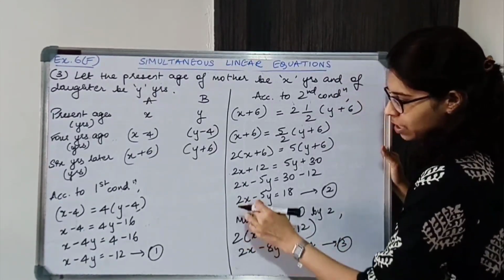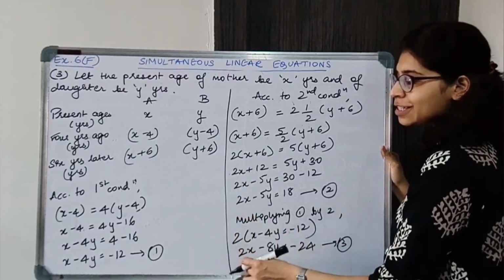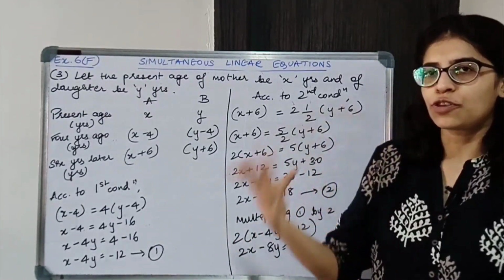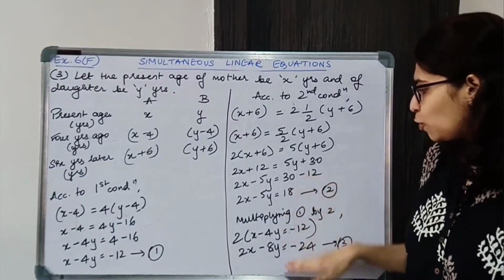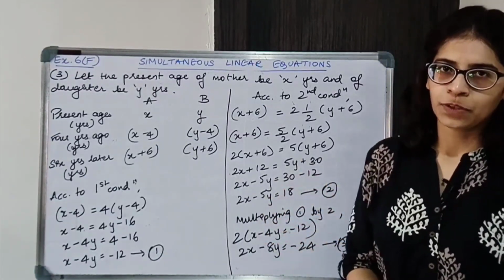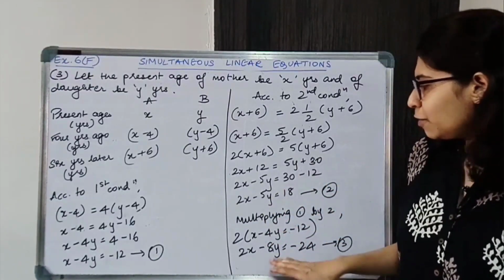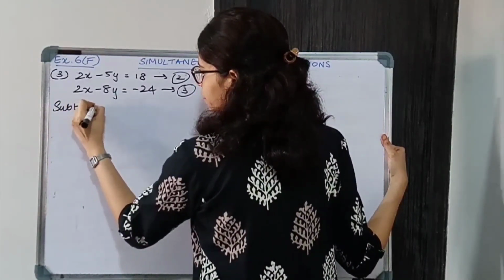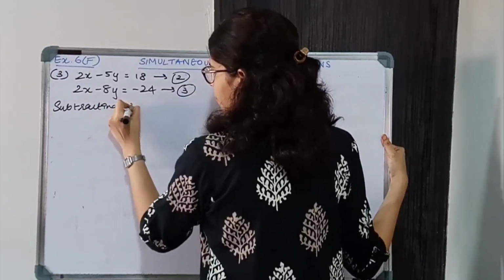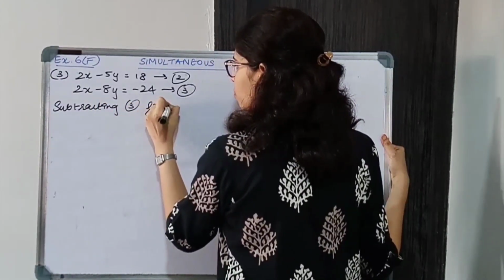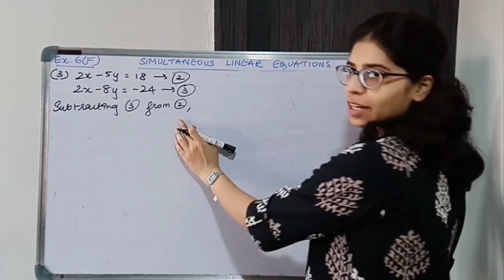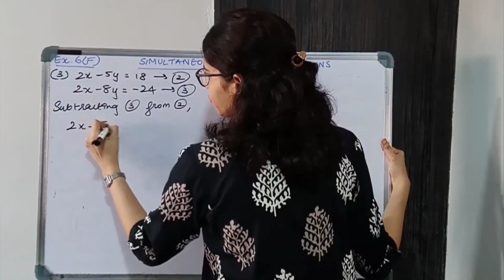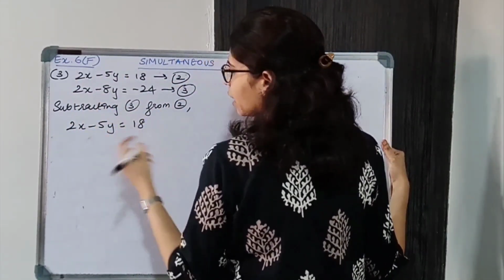Now the coefficients are same, but the signs are also same, plus 2 plus 2. So whenever the signs are same, you subtract the equations. So subtract 2 from 3 or 3 from 2. Okay, so let us subtract 3 from 2 now. So subtracting 3 from 2, we are subtracting from 2, so we'll write 2 first, and now we'll write 3.